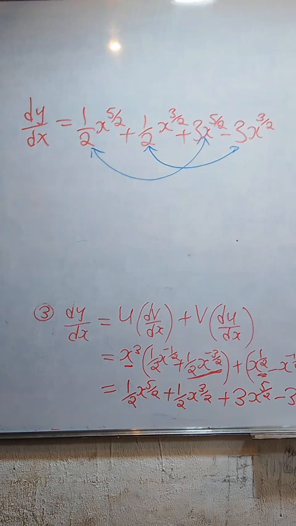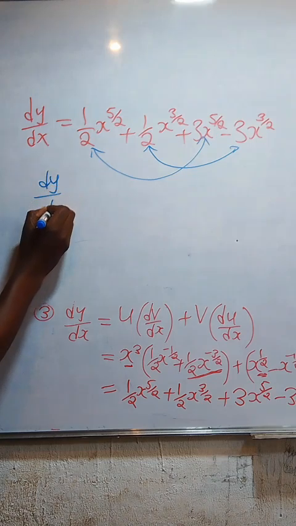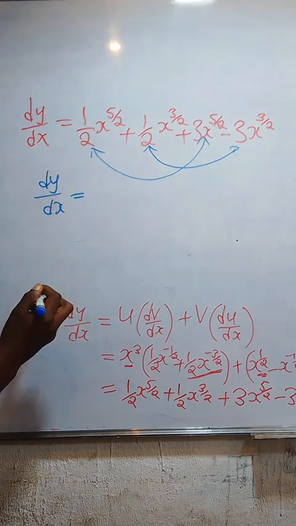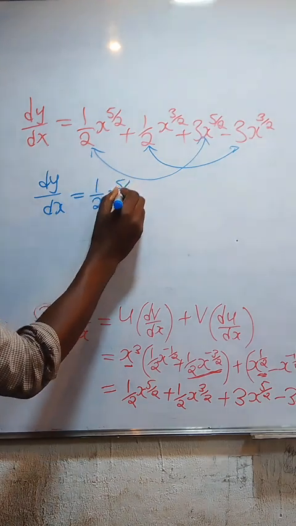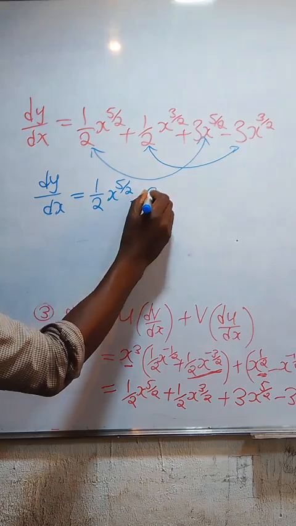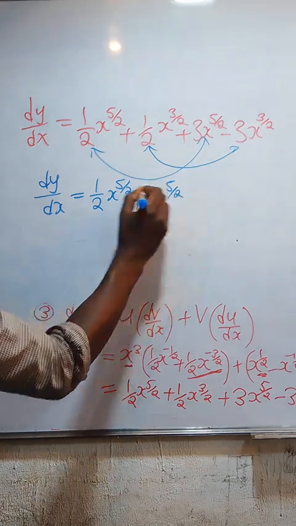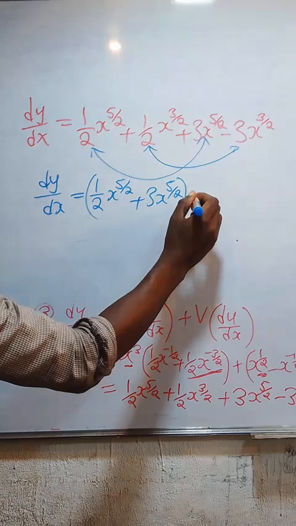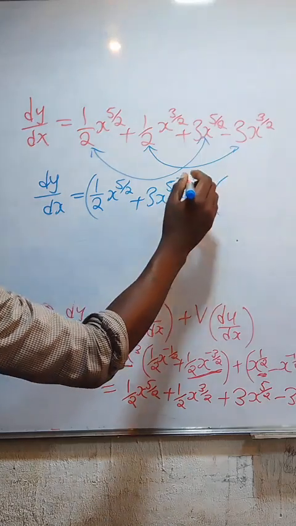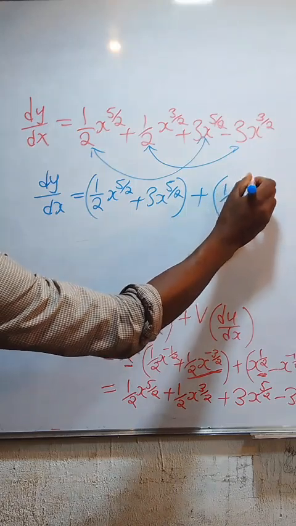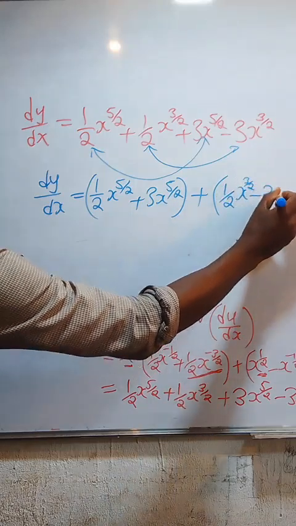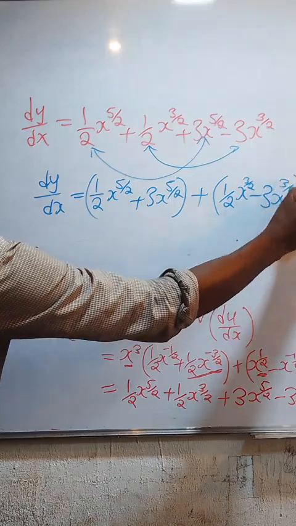So now dy over dx is going to be half x to the power 5 over 2 plus 3x to the power 5 over 2, and then plus half x to the power 3 over 2 minus 3x to the power 3 over 2.